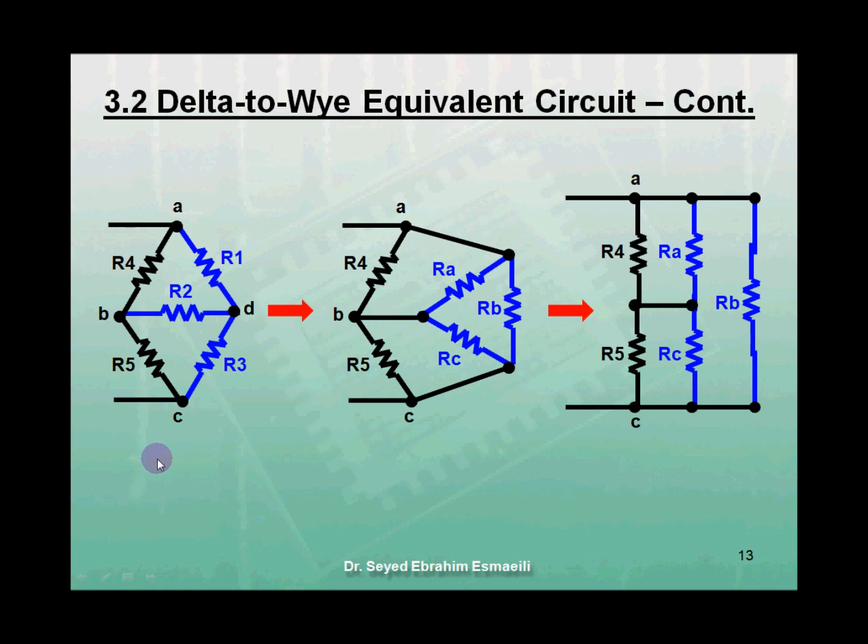Let's say that we wanted to find the equivalent resistance between nodes A and C. We can do that by transforming the Y configuration consisting of R1, R2, and R3 to a delta configuration consisting of RA, RB, and RC, from which we notice that the equivalent resistance between nodes A and C is equal to the parallel resistance of RA and R4 in series with the parallel resistance of RC and R5, and this total resistance is in parallel with RB.